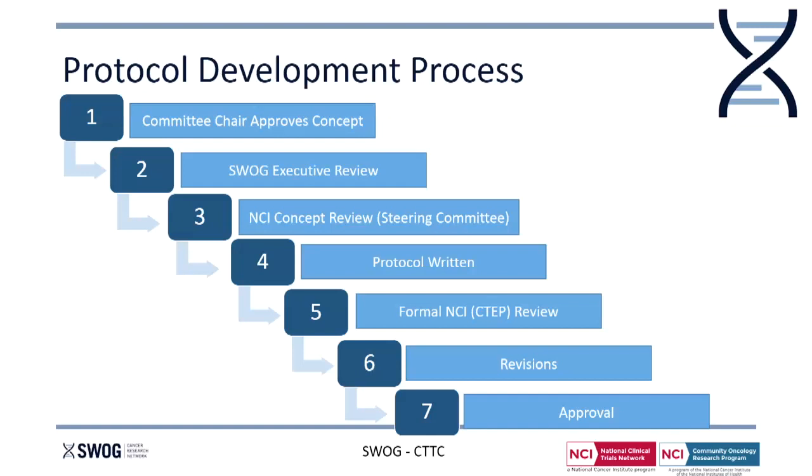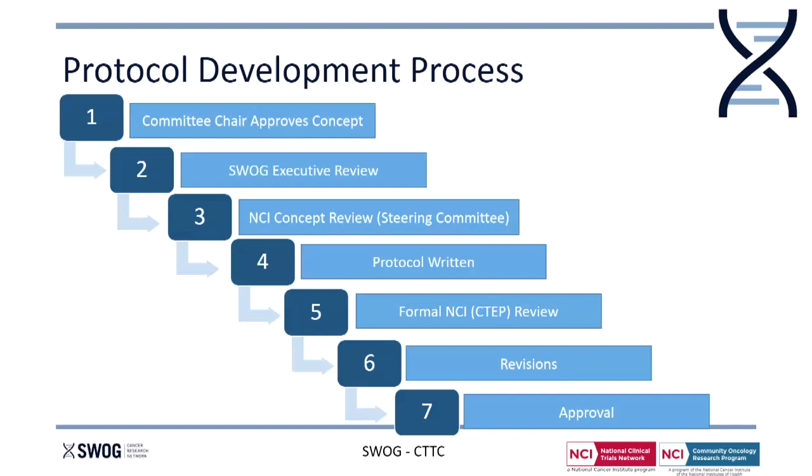We don't want to be doing research that someone's doing and we're just not aware of it. So the steering committee has a responsibility of knowing the landscape of what kind of research is being done. If the steering committee approves a new concept for a study, then we can move forward with protocol development.